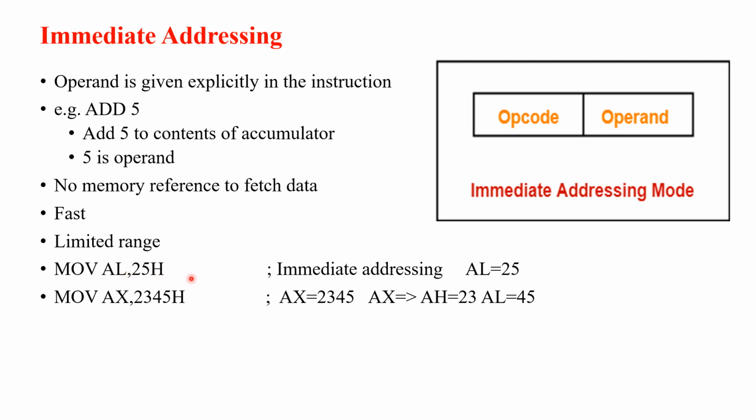There is no need to fetch data from memory. AL is set to 25H instantly. Another example, MOV AX, 2345H. Here, 2345H is loaded into the AX register. After execution, AX will hold 2345H, where AH becomes 23H and AL becomes 45H.